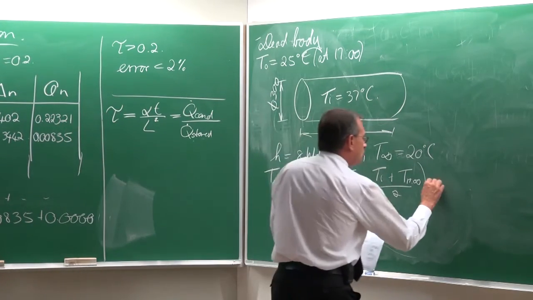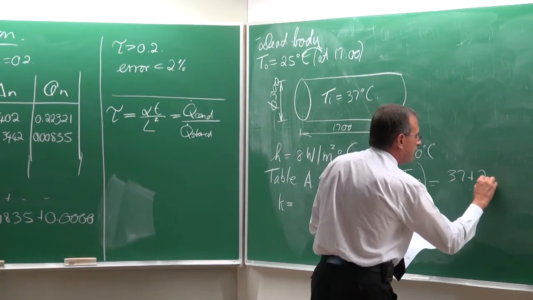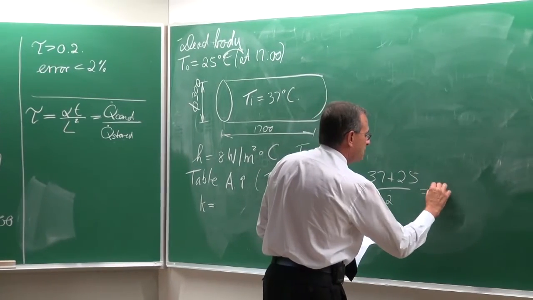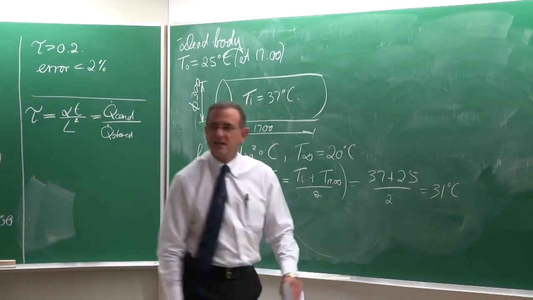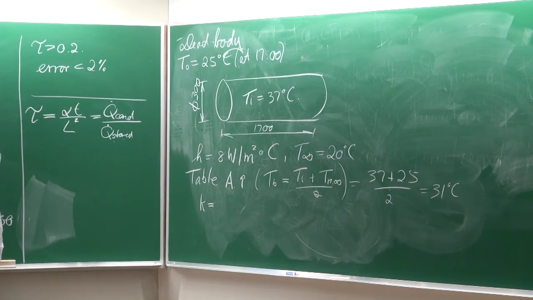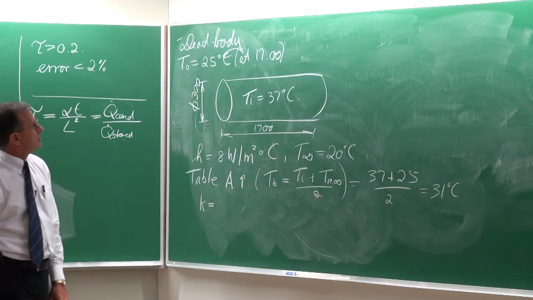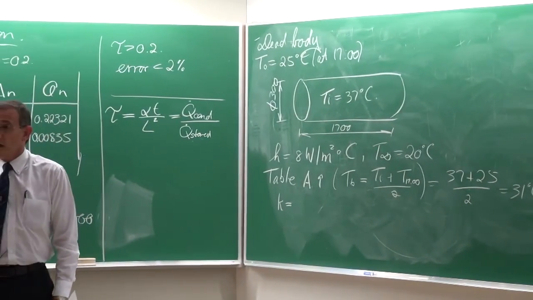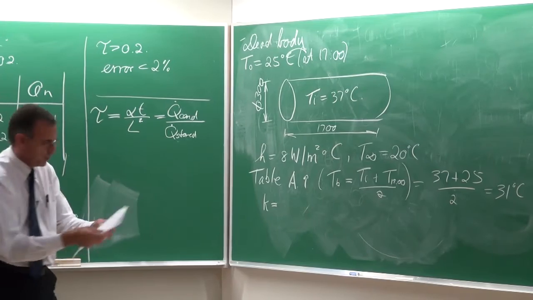So that would be 37 plus 25 divided by 2, which means we have to get the properties for water at 31 degrees Celsius. Okay. Now, we will address that later. So at 31 degrees Celsius you can get the properties.